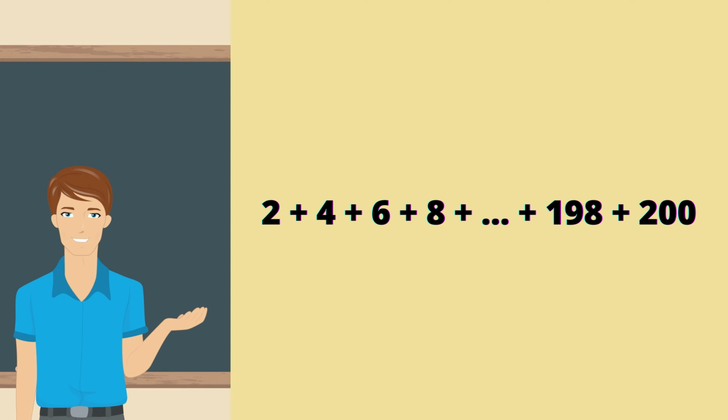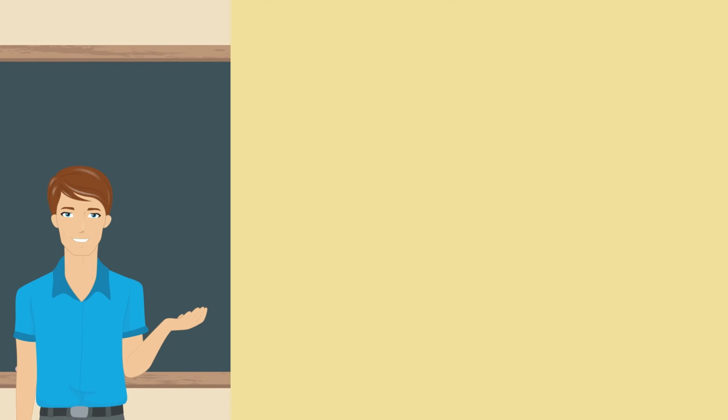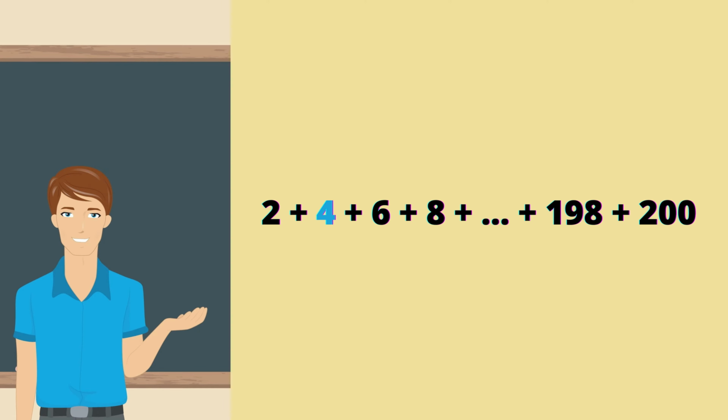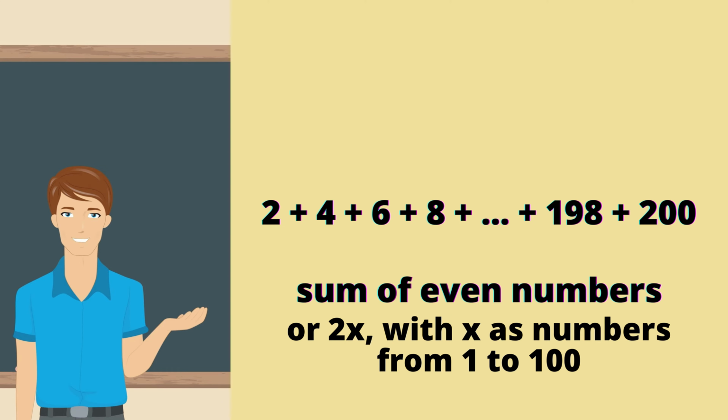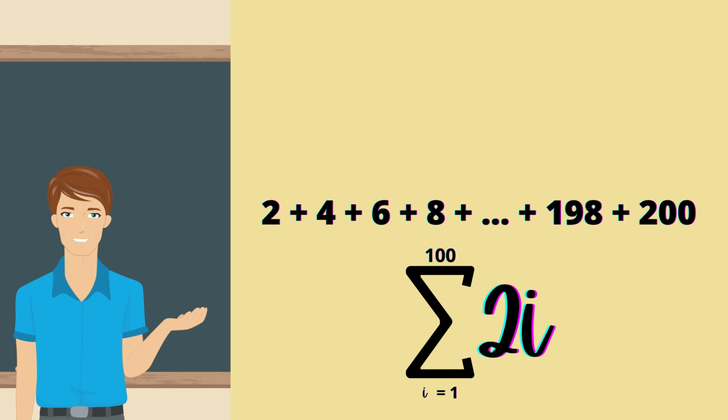The first step would be finding a rule that can represent this series, with this being the first term, the second term, the third term, and so on, up to the last term. By simple observation, we can establish that this series is the sum of even numbers, or 2x, with x as the numbers from 1 to 100. Hence, we can write this in sigma notation as, the summation of 2i, as i goes from 1 to 100.